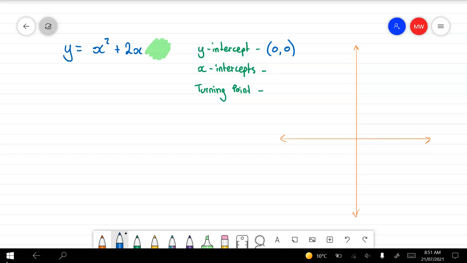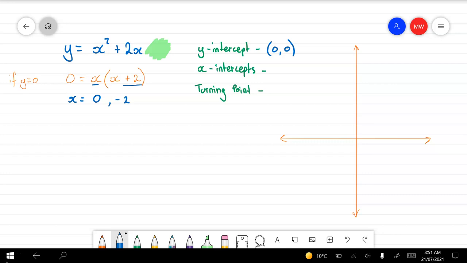Now to find our x-intercepts, it's the same process as above. We're going to factorize this and make it equal 0, so null factor. Really what we're saying here is if y is 0, I can find my x-intercepts. If I factorize this, it looks like this. So I know that my x values are 0 for this one, or minus 2 for this one.